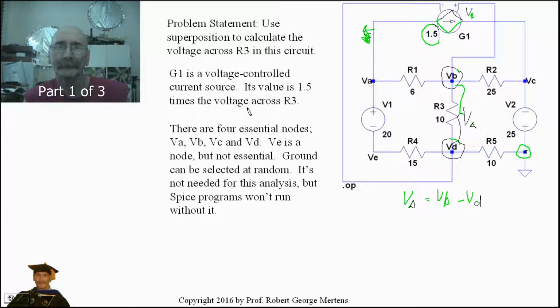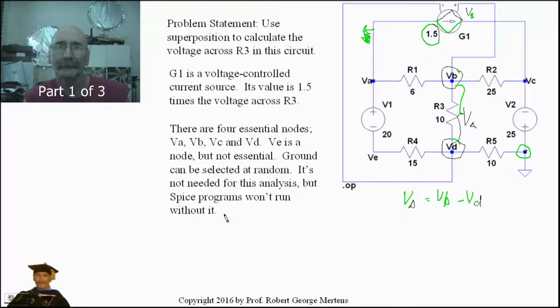Alright, now we have 4 essential nodes: VA, VB, VC, and VD. We have another node here, VE, but it's not an essential node. It's a node, but not an essential node. Of course, ground is arbitrary, and we selected that. It's not needed, but your SPICE programs won't run without it.